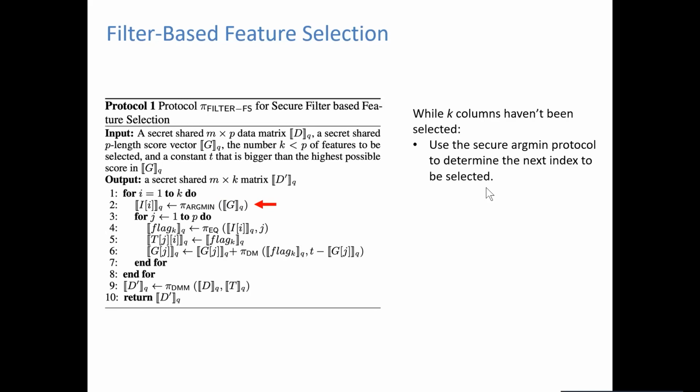So you use this secure argmin protocol to compute a secret share of the index of the minimum. Then you use the result of the argmin in order to create a one-hot encoding of the selected index. A one-hot encoding is a vector with zeros in all positions except one position, which is 1, and indicates the value that you have.